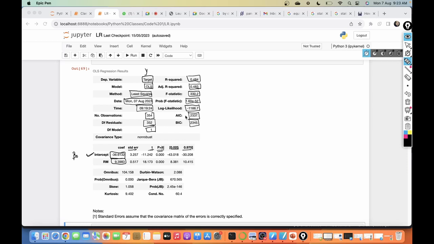We got this coefficient. Now what happens in standard error? This t is calculated by the ratio of the coefficient value by the standard error. That is the first thing.